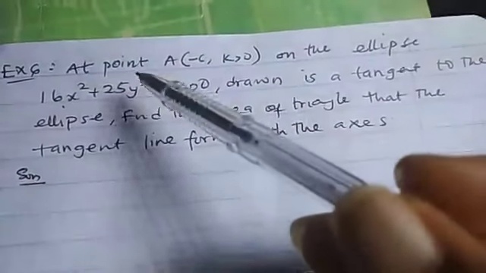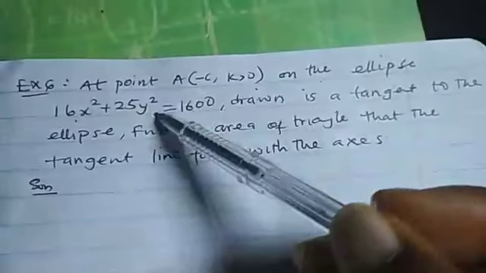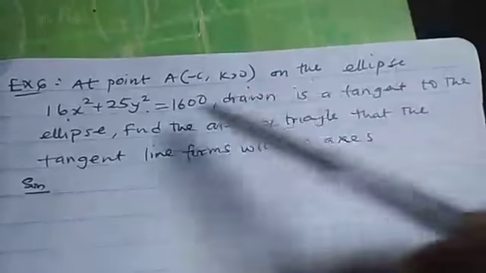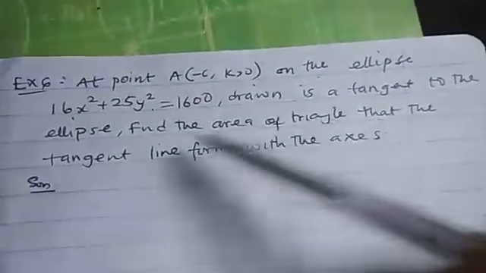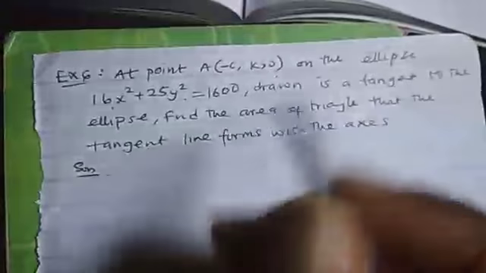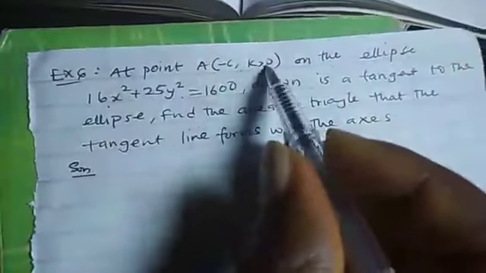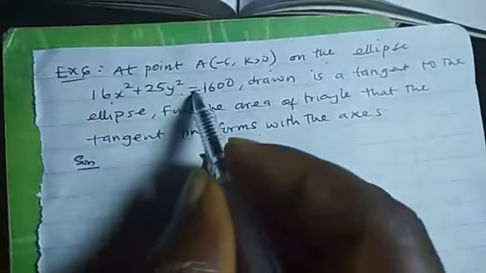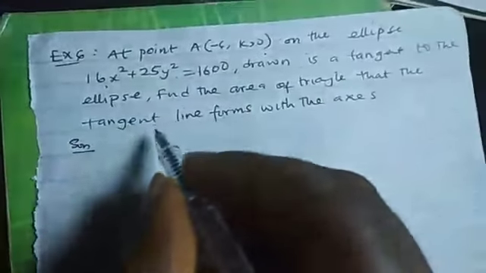Now another example. At this point on this ellipse, drawn is a tangent to the ellipse. Find the area of the triangle that the tangent line forms with the axis. The first thing is that we need to know what this point means, and we know what c means. Now let us first write this in its canonical form. We divide both sides by 1600.